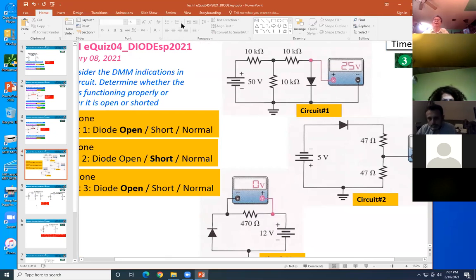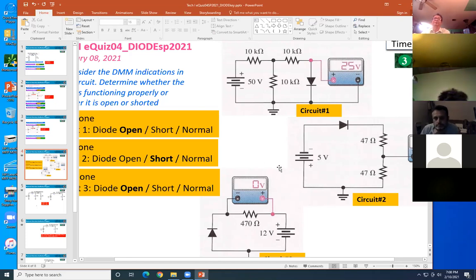When they say they get 25 volt, that tells you the diode will be open. So the voltage will be across the 10K, that means the voltage divider. That's why they get 25 volt. So the number 1 diode will be open.